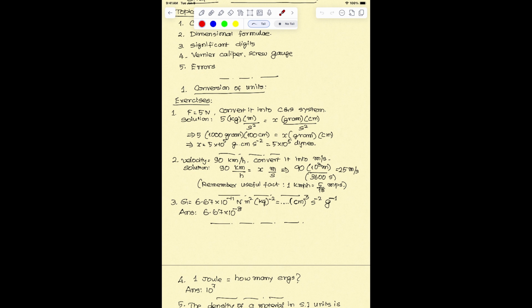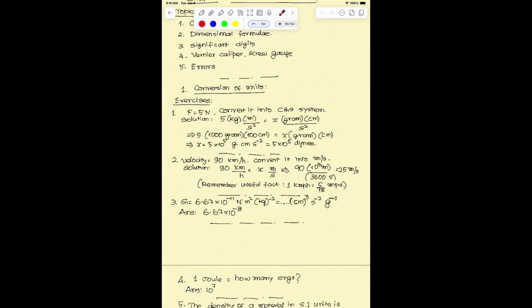Pretty simple, as I said. That is 5 kg meter per second square, because Newton is a name given to this, but the actual unit is kg meter per second square. Now just write this equation, because we have to convert 5 kg meter per second squared into how many gram centimeter per second squared. Call it x, the unknown value which you have to find out.